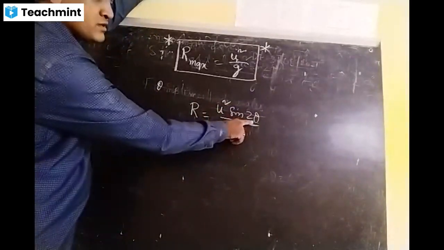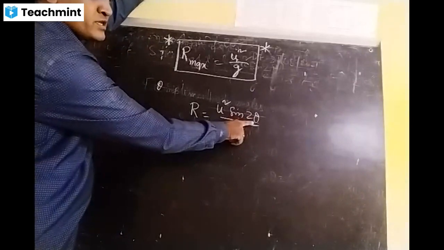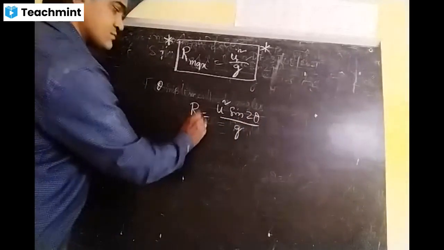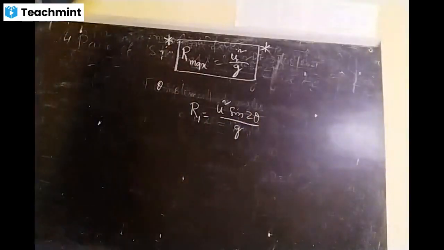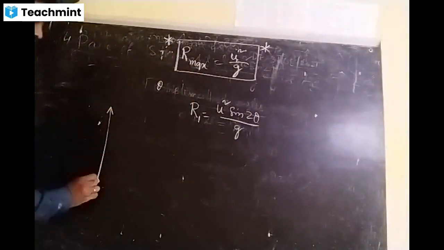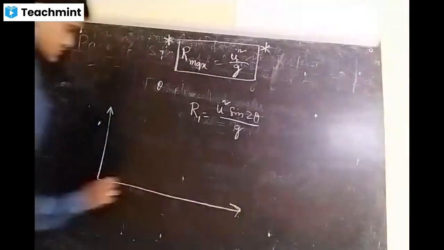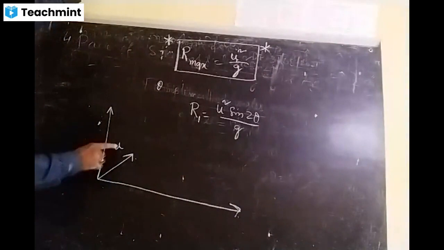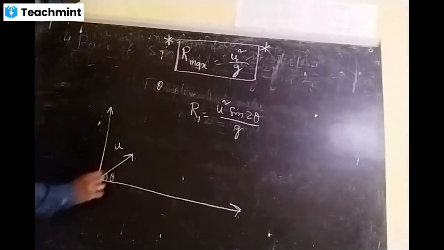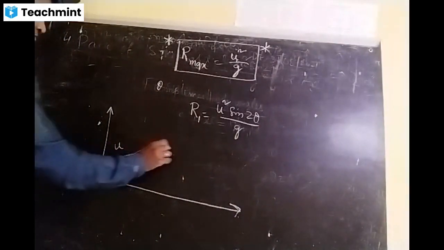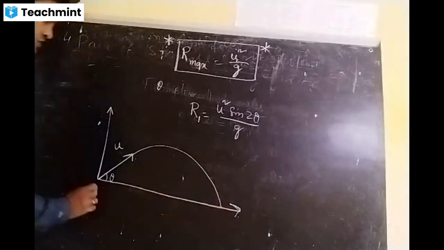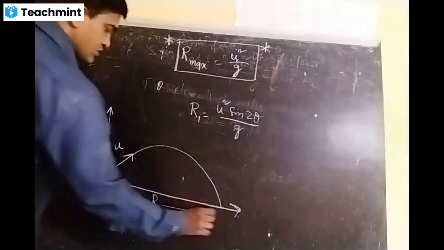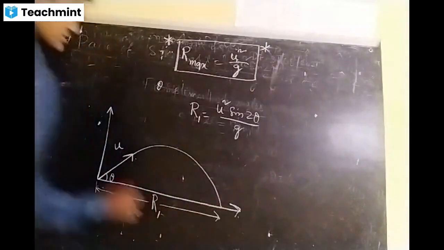I'm throwing the particle at an angle theta with the horizontal. The figure looks like this. If a particle is projected with a velocity u, making an angle theta, then the maximum distance covered along the horizontal direction I'll take as R1.